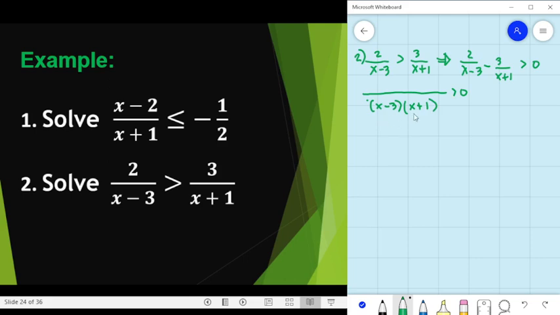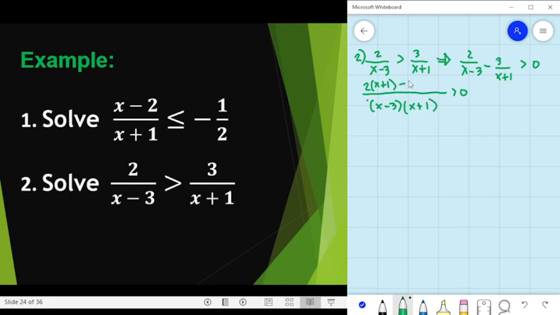So, the LCD divided by x minus 3, the x minus 3 cancels, what will be left is x plus 1. So, 2 quantity x plus 1. Then the LCD divided by x plus 1 would be x minus 3.